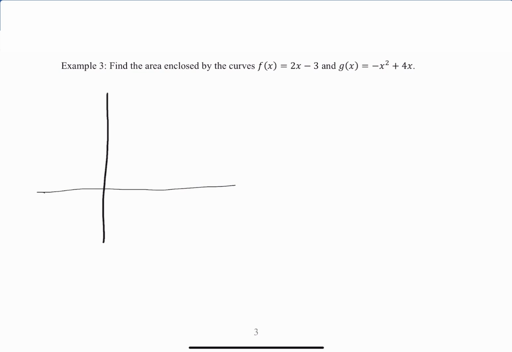For f of x equals 2x minus 3, that's a straight line with y-intercept negative 3. So it's going to be going through negative 3 on the y-axis.